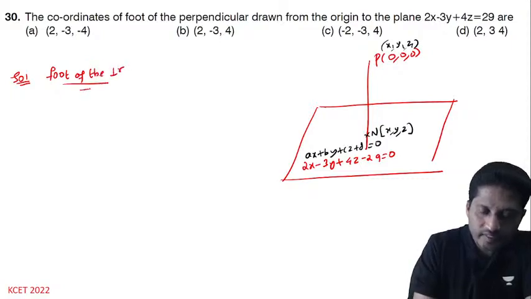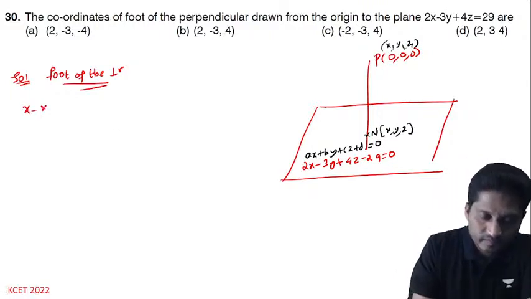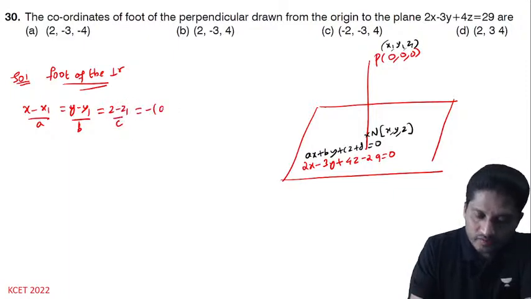Foot of the perpendicular will be (x minus x1) by a is equal to (y minus y1) by b is equal to (z minus z1) by c is equal to minus of (ax1 plus by1 plus cz1 plus d) divided by a square plus b square plus c square.